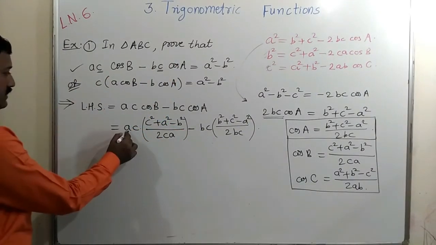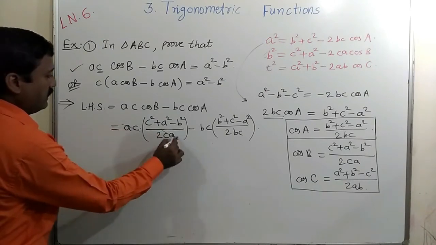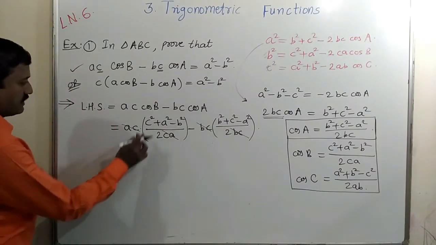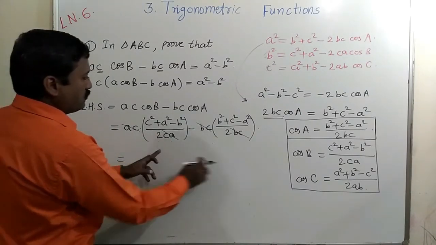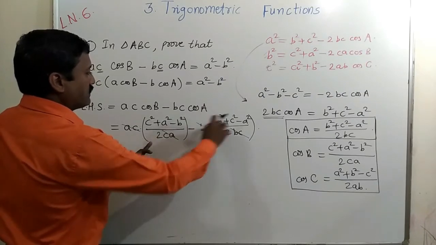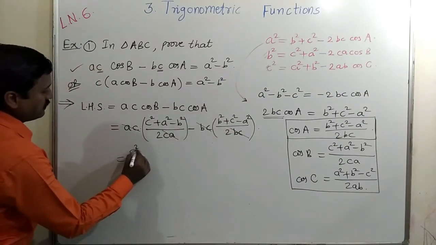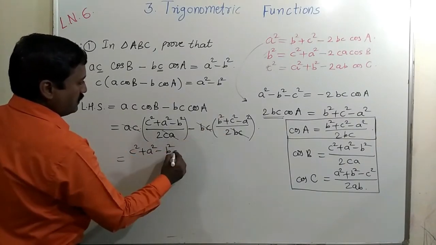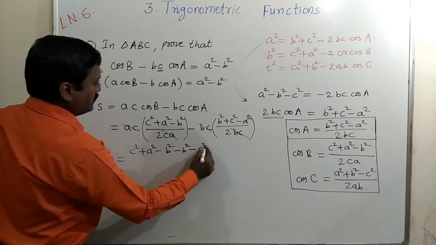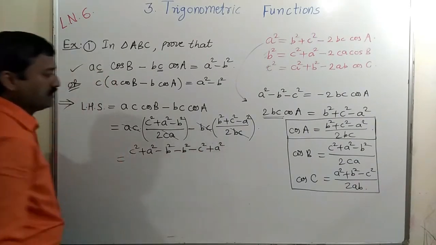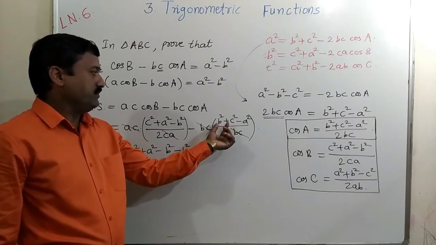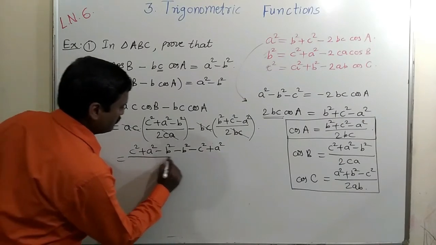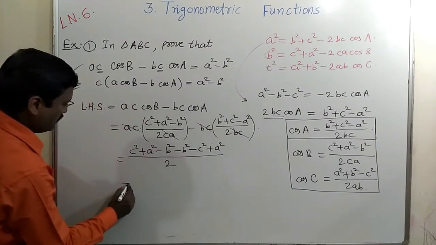Okay, here this CA and this CA get cancelled. Here also BC and BC get cancelled. Remains C square plus A square minus B square. Here the denominator is 2, here is also the same denominator. So let us take the addition of numerators, that is C square plus A square minus B square. Apply this negative sign on all, so we get minus B square minus C square plus A square. Initially it is positive, positive, negative; here we get negative, negative, positive, those three terms divided by the common denominator.